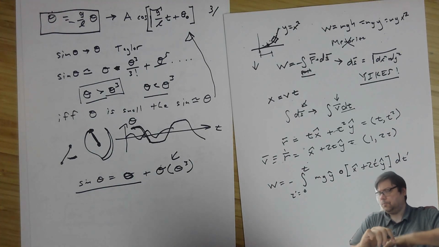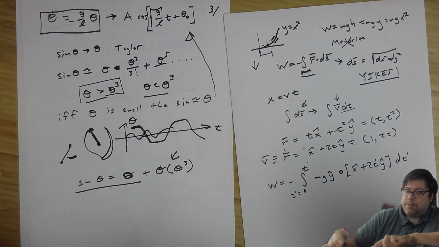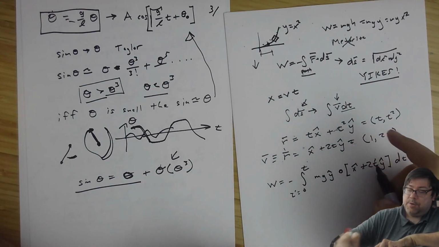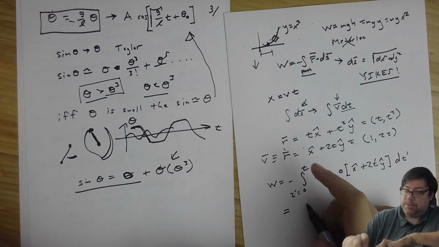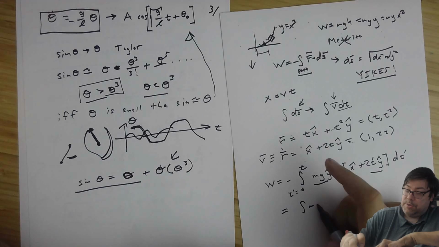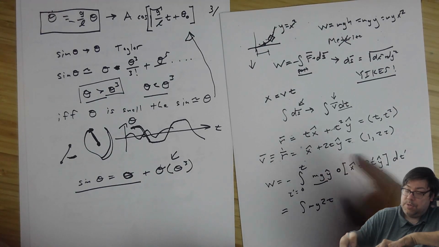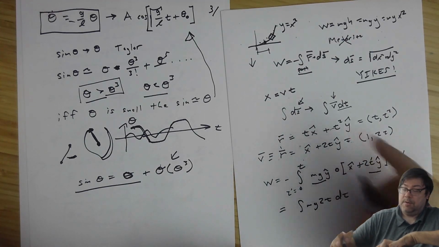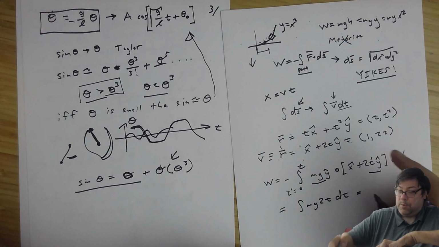All right. So now this integral is not difficult, right? What's the dot product of x and y? Well, this goes away, so this just equals the integral of this times this. So it just equals mg 2t dt. Easy enough, right? That's how a dot product works. What's the integral?